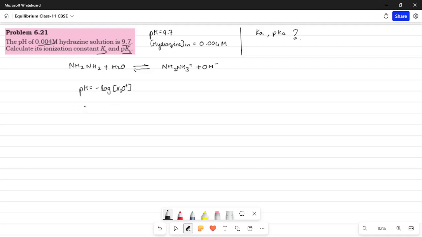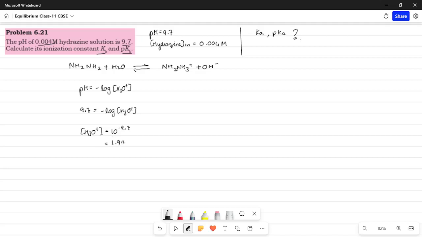That's fine. So you have 9.7 is equal to minus log concentration of H3O plus. Now we'll switch this to this side. So we're left with concentration of H3O plus is equal to 10 to the power minus 9.7 because we're taking the anti-log.